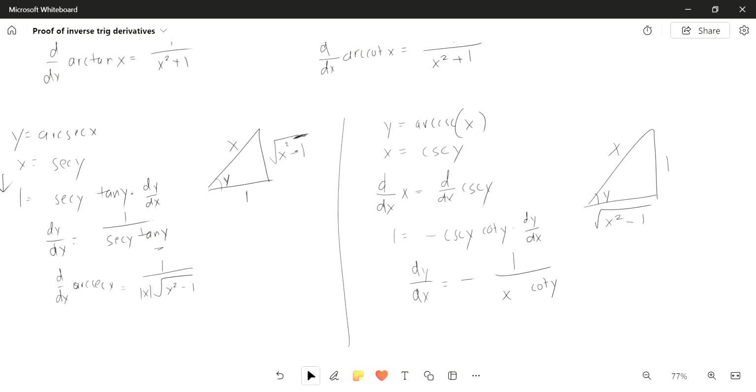And now that means we get the square root of x squared minus 1 as our adjacent. So that means cotangent of y is just adjacent over opposite, the square root of x squared minus 1 over 1. So that means we have 1 over x multiplied by the square root of x squared minus 1.